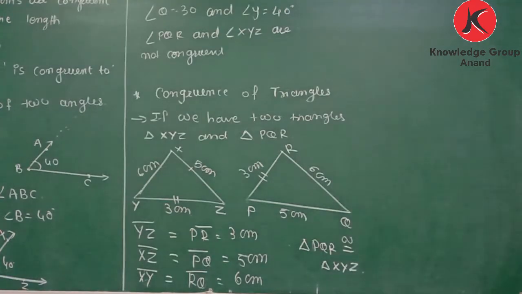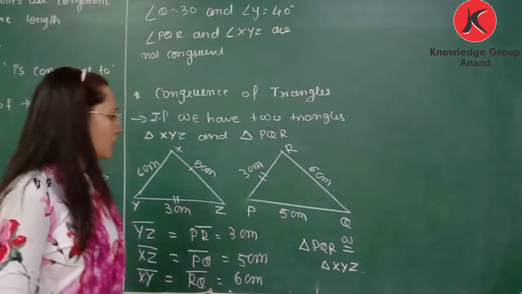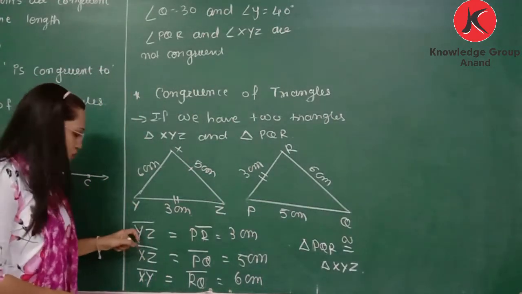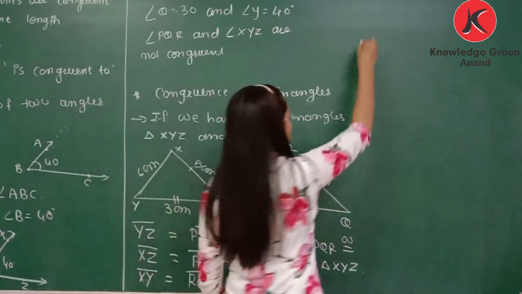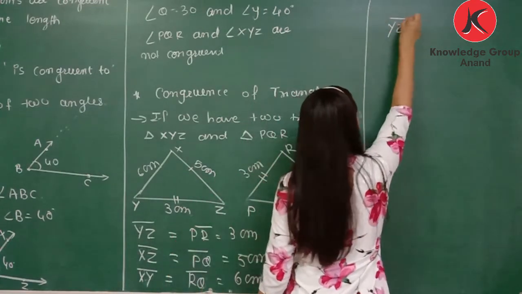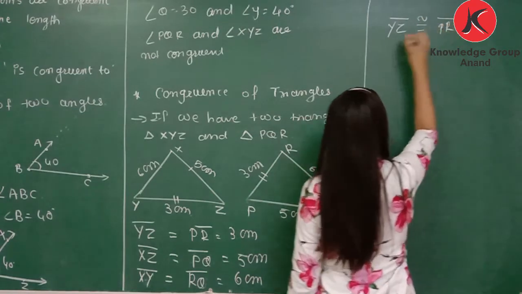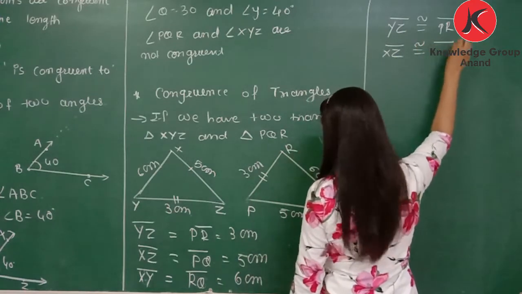Now, if two triangles are congruent, then there is one important term, that is correspondence. Okay, so let's consider this congruent part. Here YZ is congruent to PR. Here we have two correspondences. Line segment YZ corresponds to line segment PR, and line segment XZ corresponds to line segment PQ.